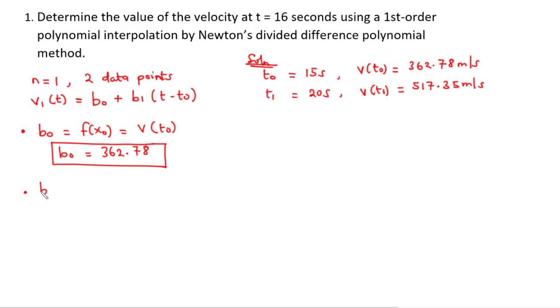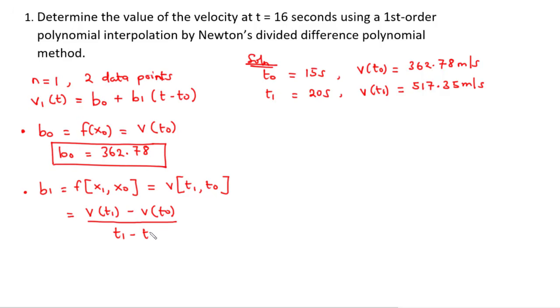This is equal to v of t1, t0 in a square bracket, which we can express as v of t1 minus v of t0, all divided by t1 minus t0.